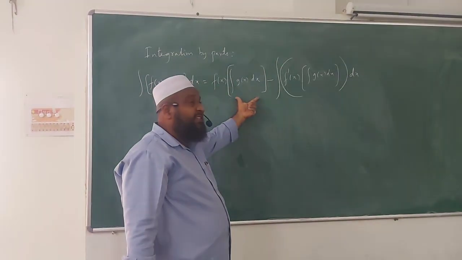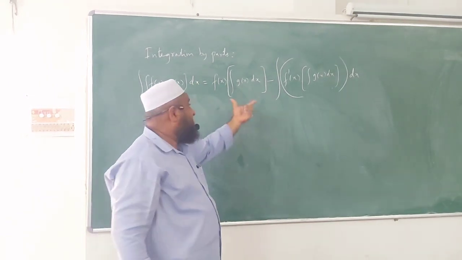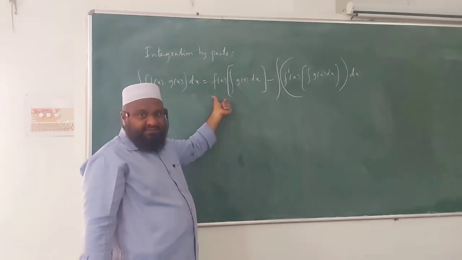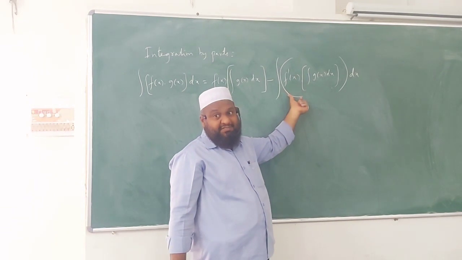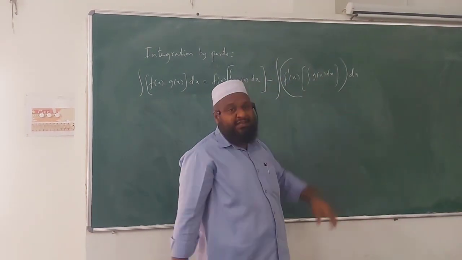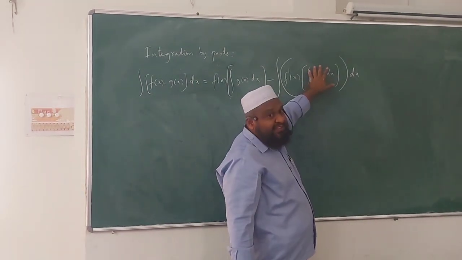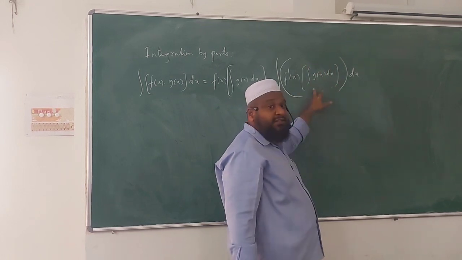Now I am giving the tip to remember: this is repeated two times. One time we multiply with f, one time we multiply with f dash x, and then for this product again we do the integration. To do this integration, first of all you have to simplify this one. Once it is simplified, then for this product again we will do the integration. Okay, you write this formula.